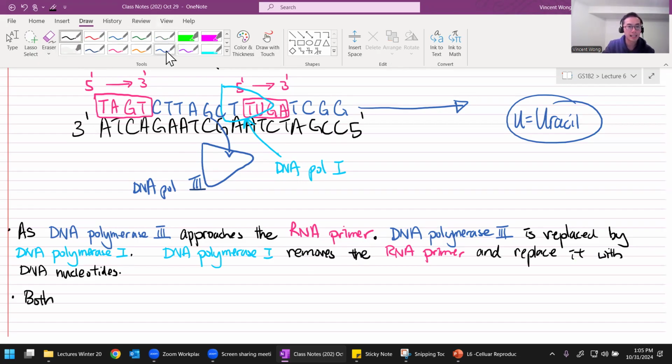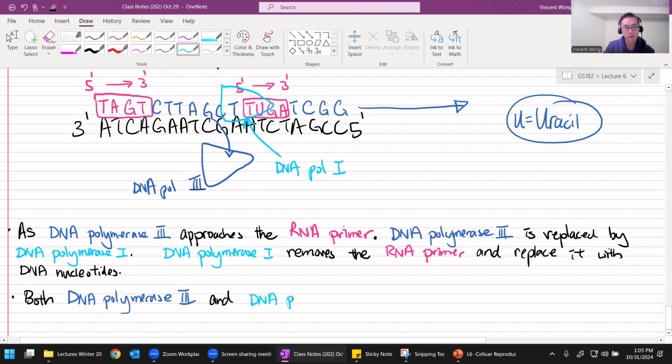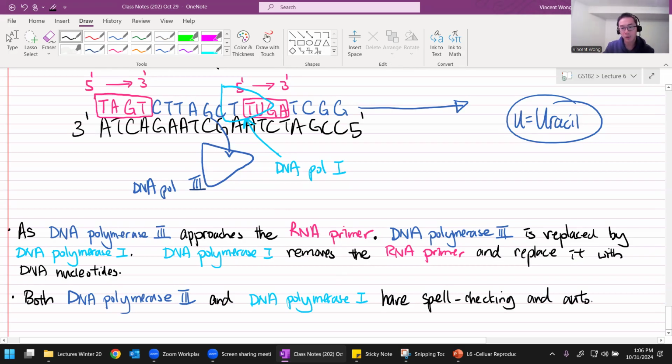And just as an aside, both DNA polymerase 3 and 1 have spell checking. That's actually what it's called. And autocorrect function.